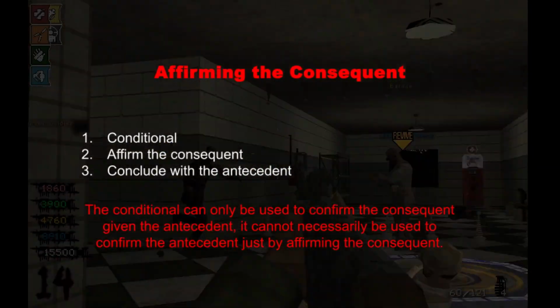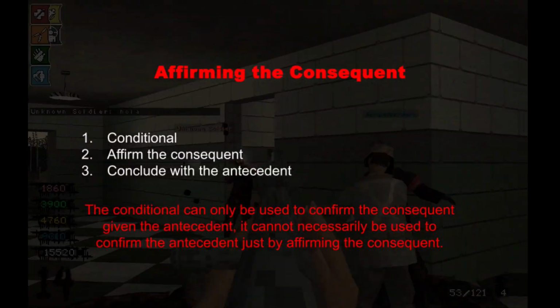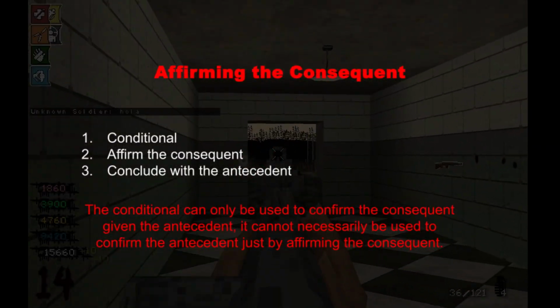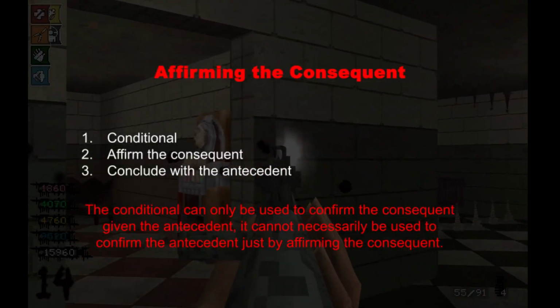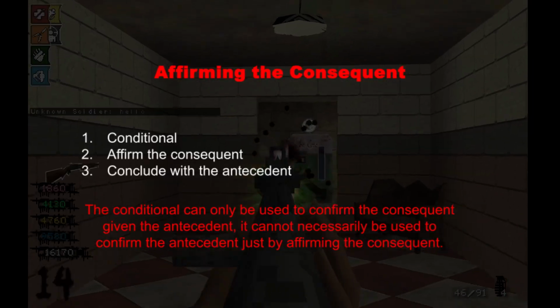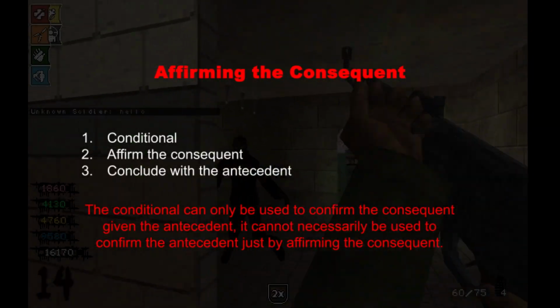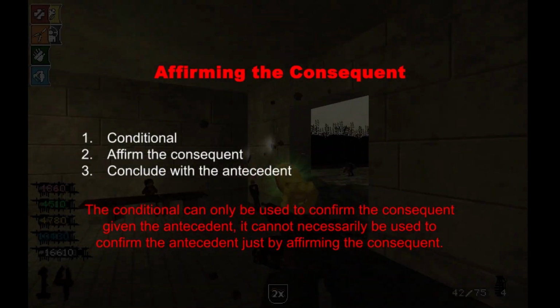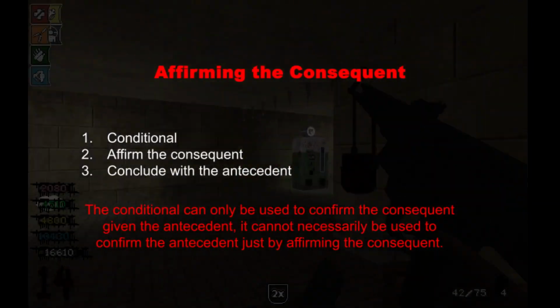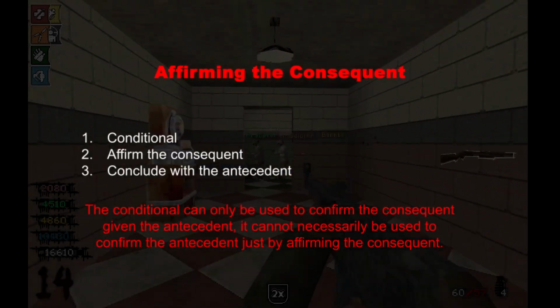But the difference here is that the first premise, although it is a conditional, in the second premise, instead of having the antecedent, we now replace the antecedent with the consequent. So remember, in this case, the antecedent is P and the consequent is Q. And in the second premise, rather than affirming the antecedent, we have now affirmed the consequent. And this is why it's logically fallacious.